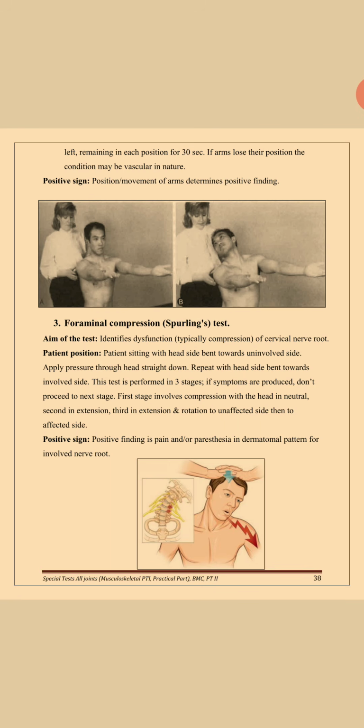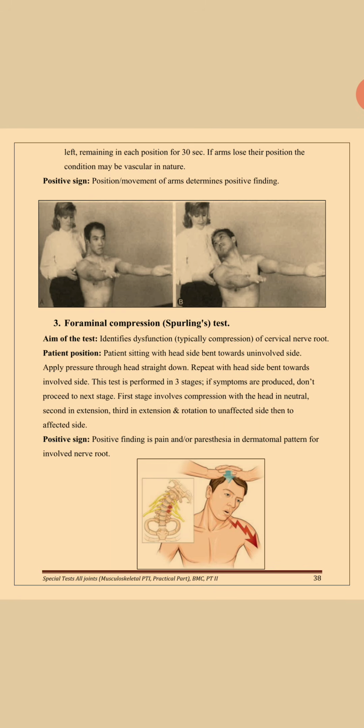Foraminal compression, Spurling's test. Aim of the test: identifies dysfunction, typically compression of a cervical nerve root. Patient position: patient sitting with head side bent towards the uninvolved side. Apply pressure through the head straight down. Repeat with head side bent towards the involved side. This test is performed in 3 stages.